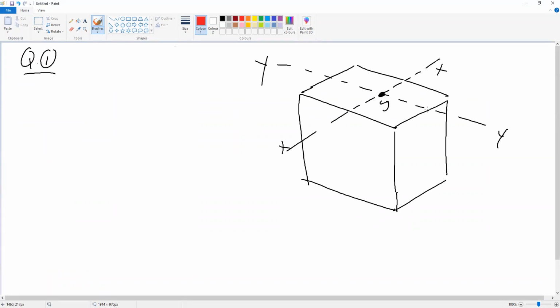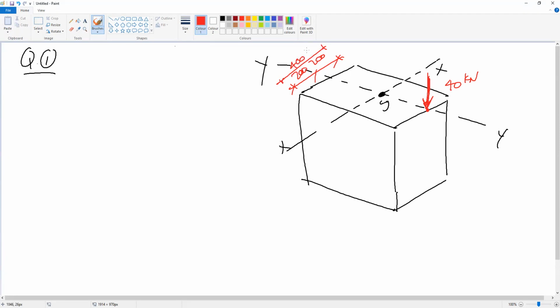We have one applied load here on the edge. The load here is 40 kilonewton. The dimension of this block is 200, so the total dimension is 400.